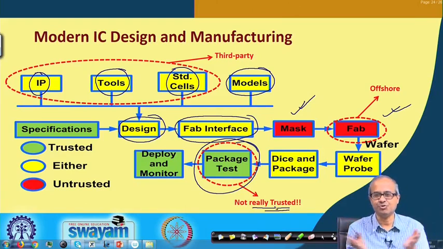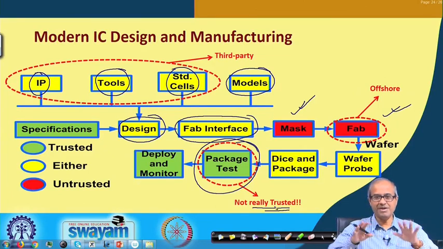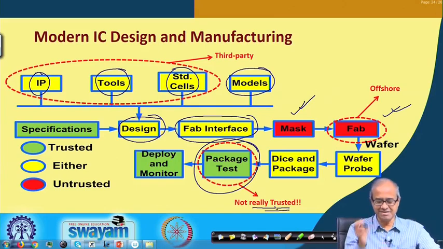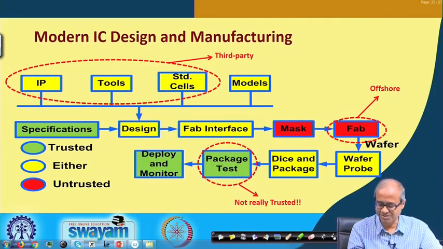So, you see there are so many untrusted parties involved here. It is very surprising that whatever design still works, but well, we have to trust people and work in a group in a collaborative way, that is how things work. But these are some of the reasons why we may have Trojans getting inserted in our design, that is what I wanted to say.